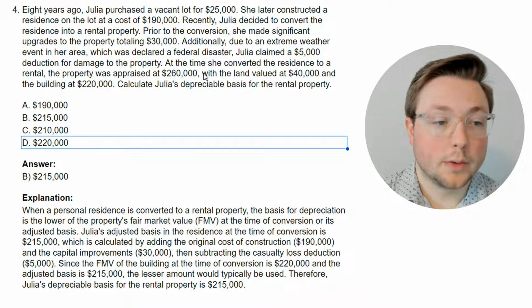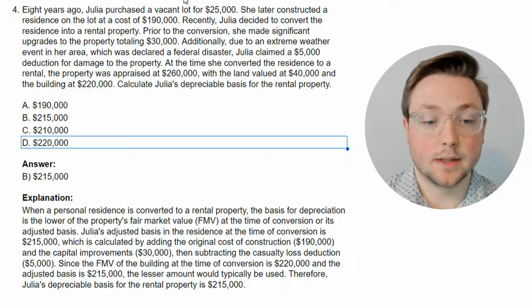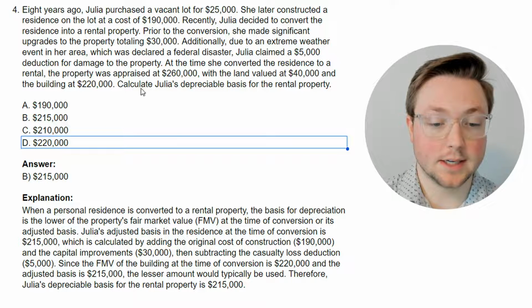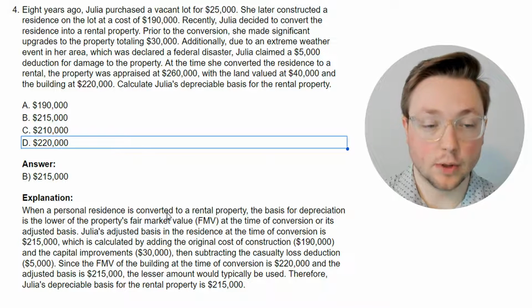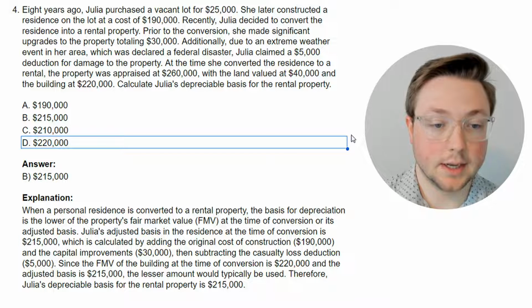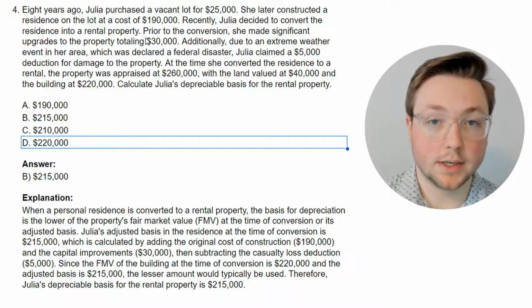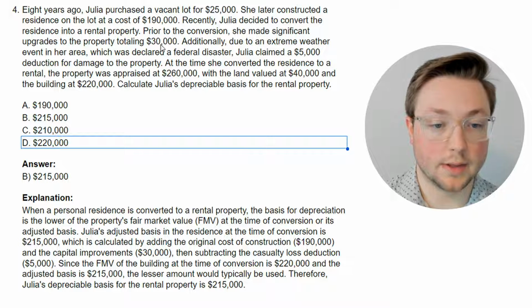Okay. So what did we learn from this? So again, this is something that you probably should know from your basic accounting classes. Land is not a depreciable asset. It doesn't depreciate. So we don't include the $25,000 in the total. So we're only looking at the residence, $190,000. You add the upgrades, that does increase the basis, so $220,000.